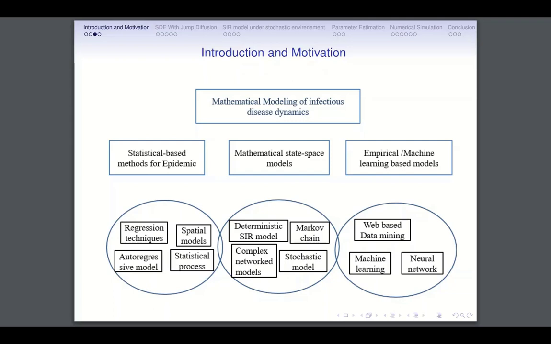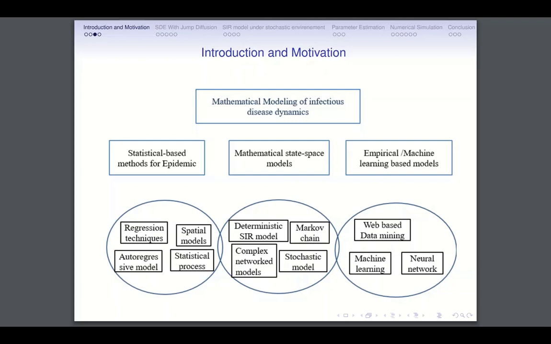Here we are going to give three categories of mathematical modeling of infectious disease dynamics. First, the statistical-based methods for epidemics, for example regression techniques, spatial models, statistical processes, and autoregressive models.